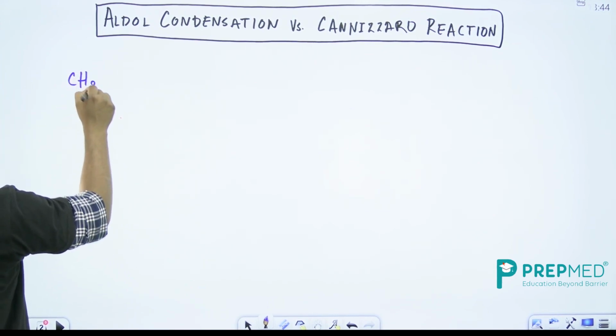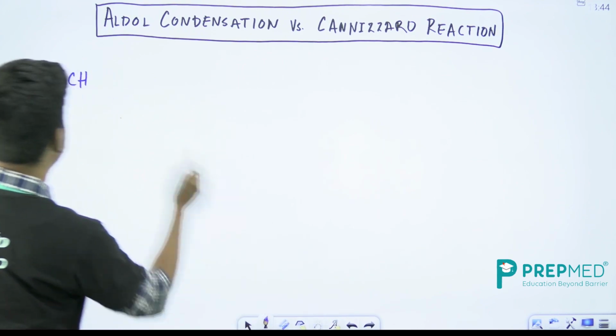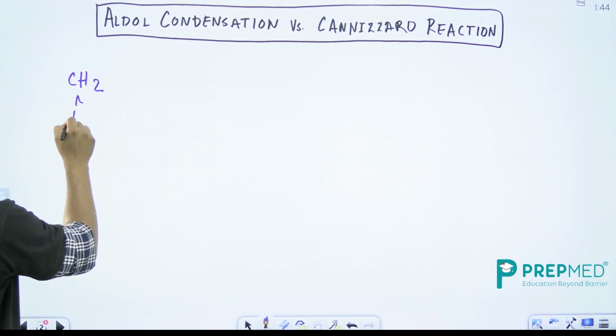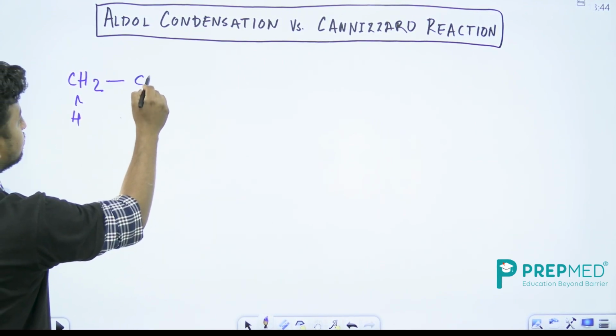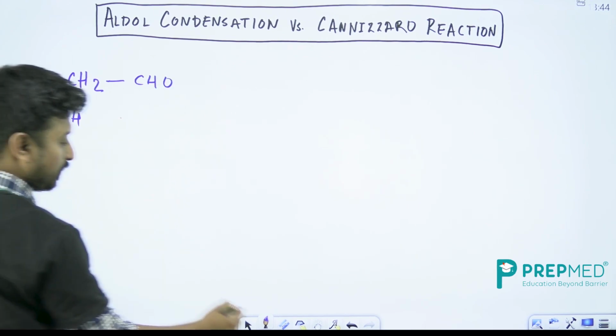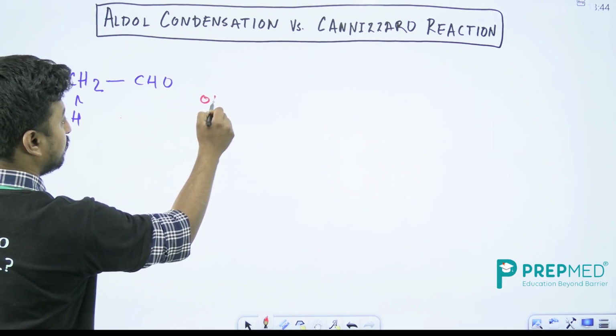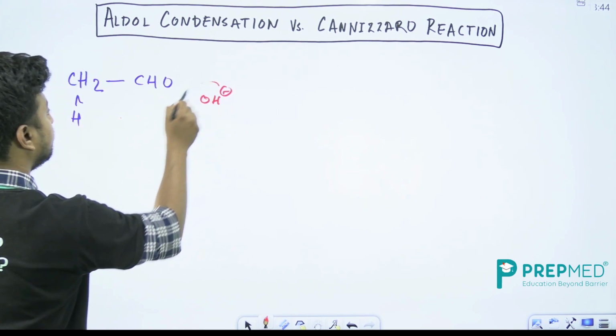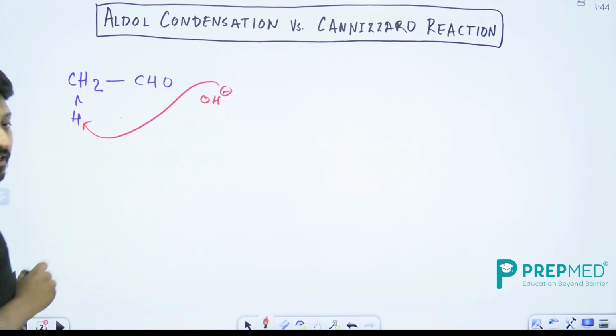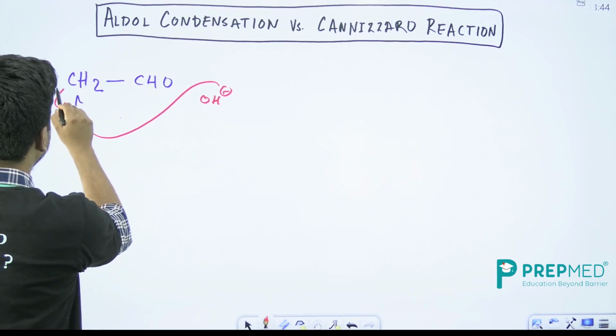Let's start with this particular molecule, CH3CHO. The OH minus present in the medium will capture this hydrogen and make an anion.